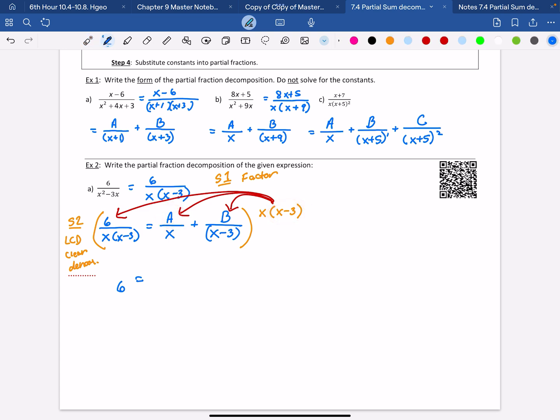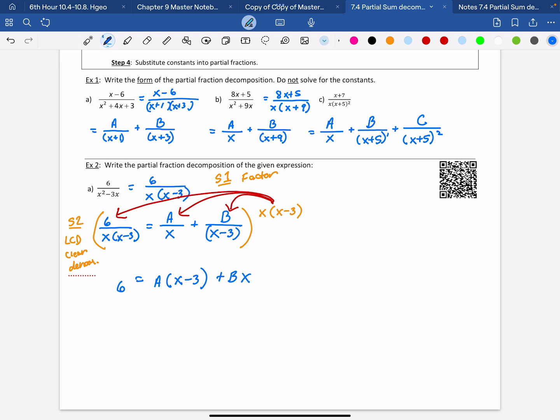The denominator is now wiped out, and you get a times x minus 3. Now we proceed to the next one. You take x times x minus 3 and multiply by the very last term. The x minus 3 wipes out with x minus 3, and what's left over is bx. That's your whole goal, to wipe out the denominator.